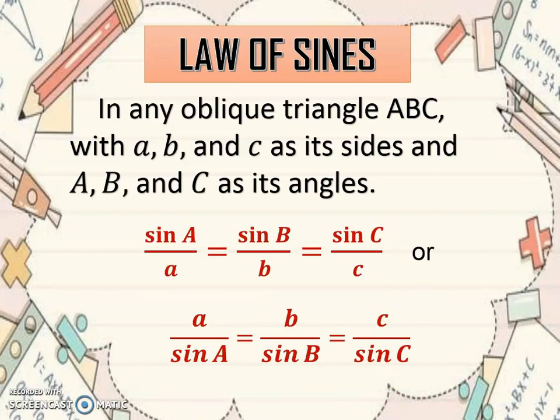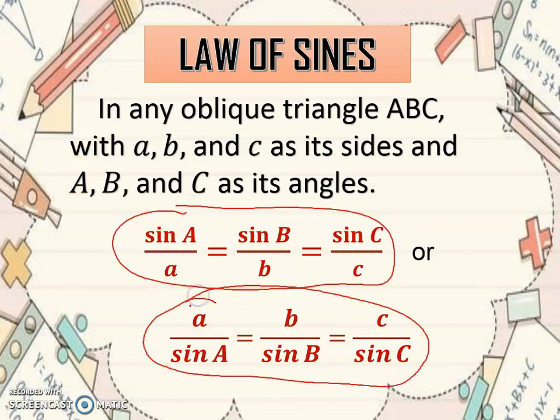Sine A over a equals sine B over b equals sine C over c, or you can have the inverse, a over sine A equals b over sine B equals c over sine C. Whatever formula you use, either the first one or the second one, you will arrive at the same answer. So let's try to use this law of sines in solving some problems.